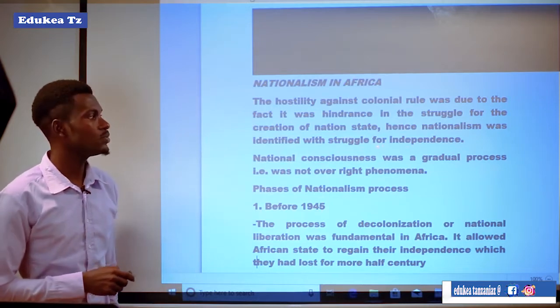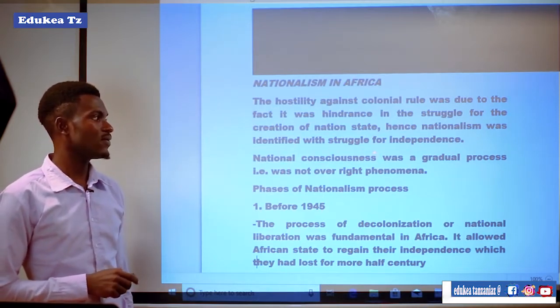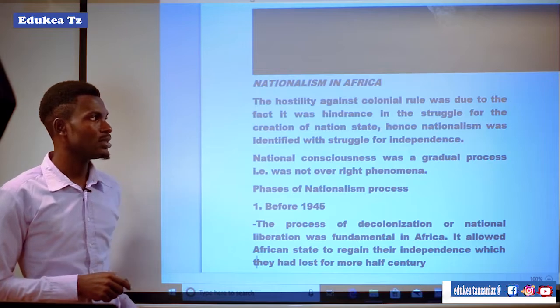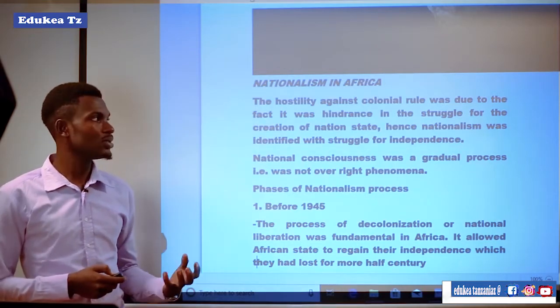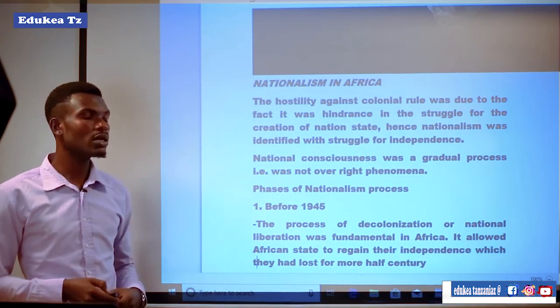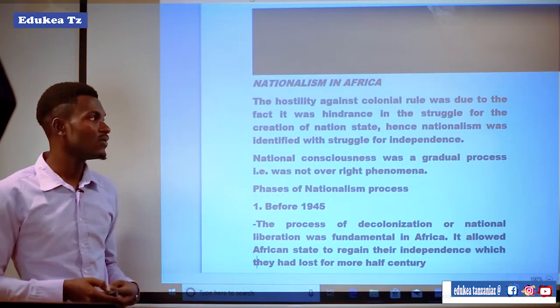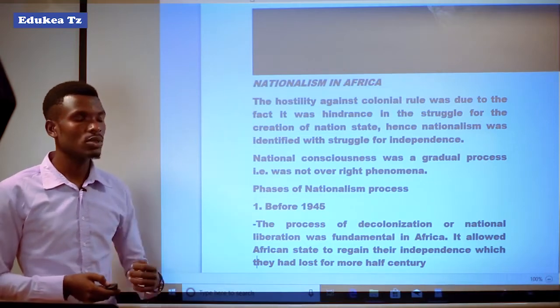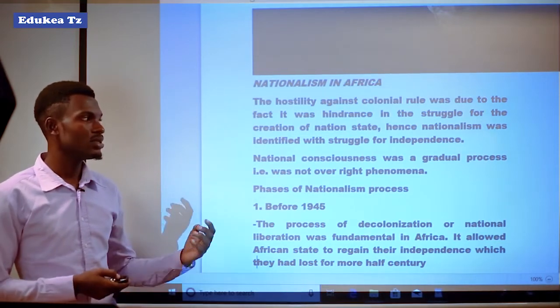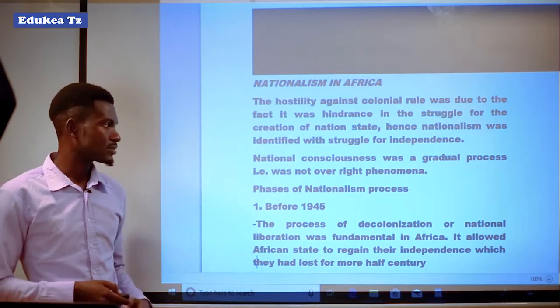Hence, nationalism was identified with the struggle for independence. It means that colonial rule acted as a hindrance to the struggle for the creation of national states in African countries.